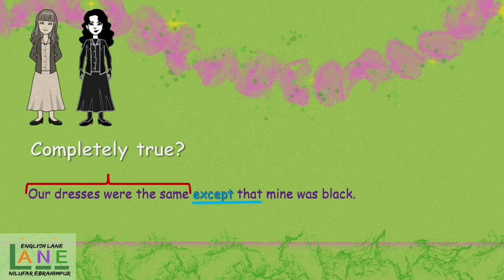Except that mine was black. So this part is that little part which makes the first part not completely true. So when I say our dresses were the same and I say except that, you are waiting for me to say something that makes this sentence a little bit false, because it's not completely true.